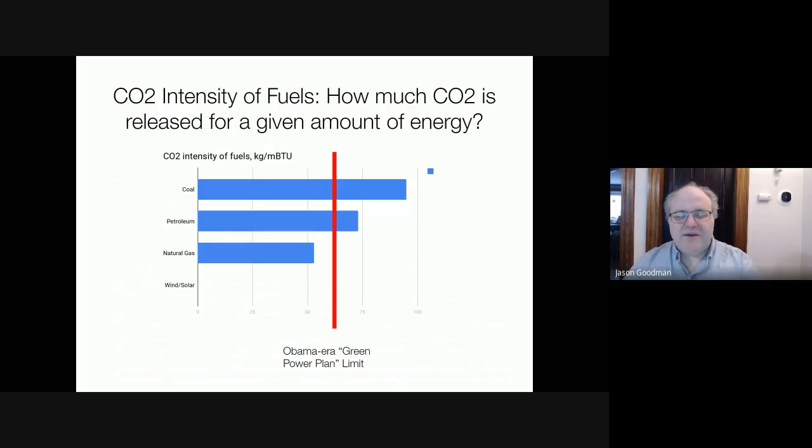On this graph, that amount turns out to be exactly the difference right in between coal and natural gas. So one way of thinking about what the Green Power Plan was, it was really an effort to encourage the US to switch away from coal and towards natural gas, rather than specifically going for wind and solar. And that's maybe a cynical way of looking at it, and it's a moot point anyway at this point.